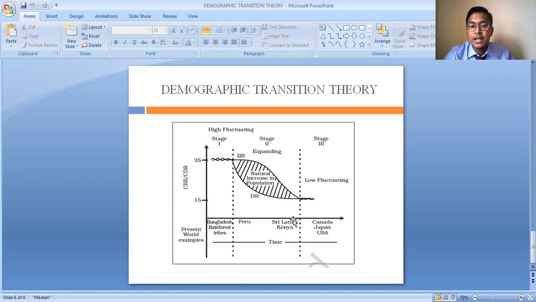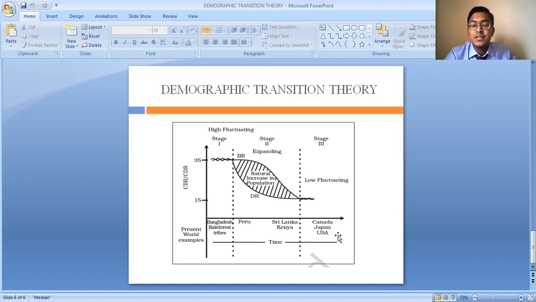Sri Lanka and Kenya are in the later half of the second stage. In the third stage are countries like Canada, Japan, and USA, where the birth rate and the death rate are almost stagnant and the population is increasing at a very slow rate. The society is civilized, urbanized, and the people are literate.